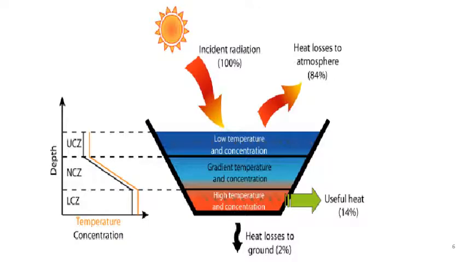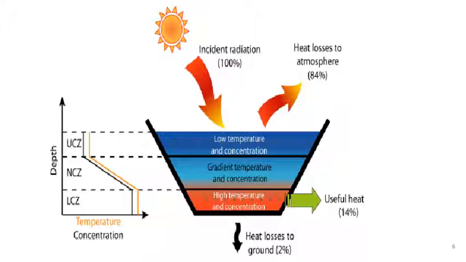Here a small diagram shows how a solar pond is constructed. You can see there are three layers: one is the low temperature and concentration zone, the second is the gradient temperature and concentration zone, and the third is the high temperature and concentration zone.